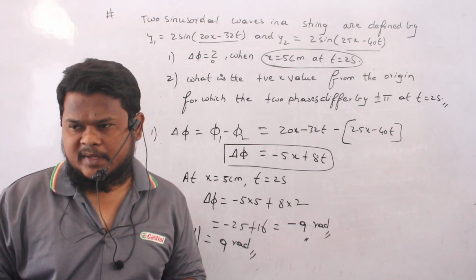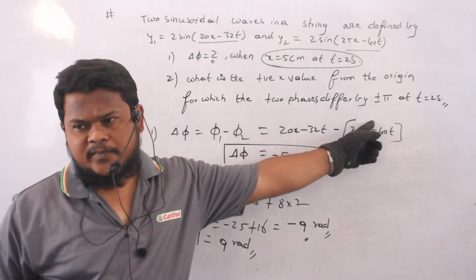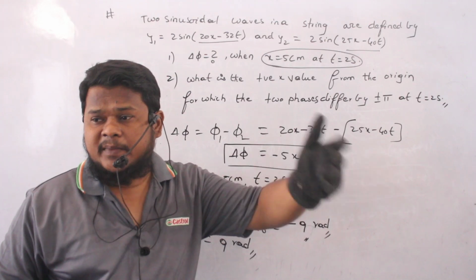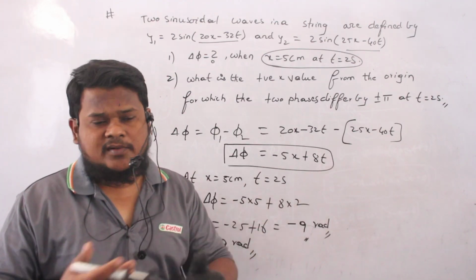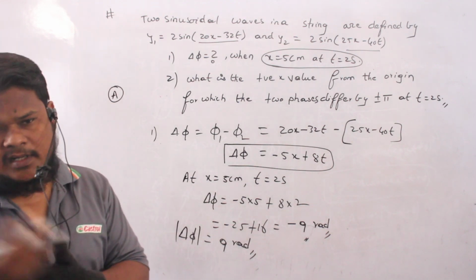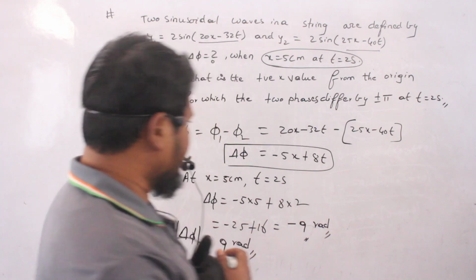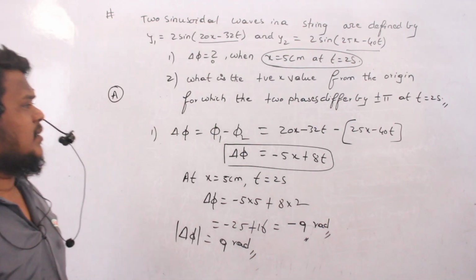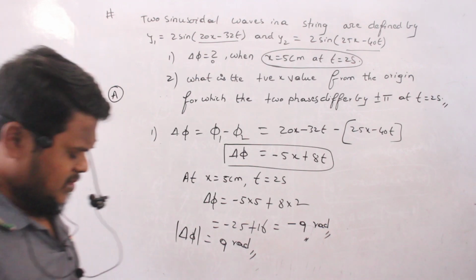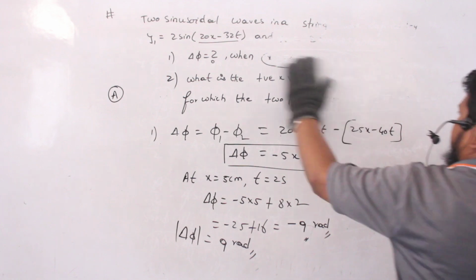If the phase difference between two waves is plus or minus pi, then both waves will interfere destructively. We have already studied this in wave optics. If the phase difference is pi or 3 pi or 5 pi or 7 pi, then the two waves will interfere destructively. Completed up to here. Now let us.